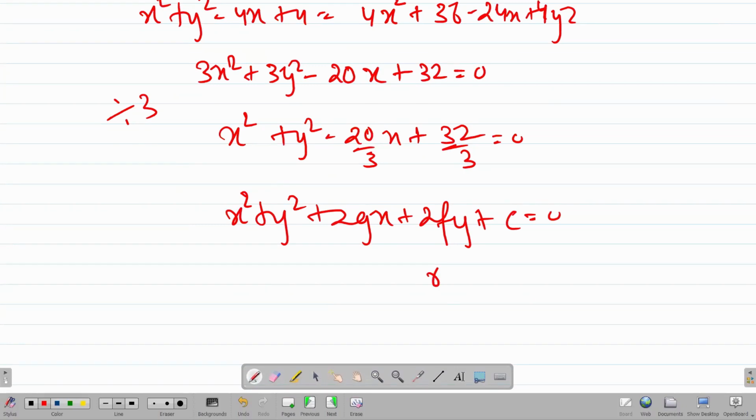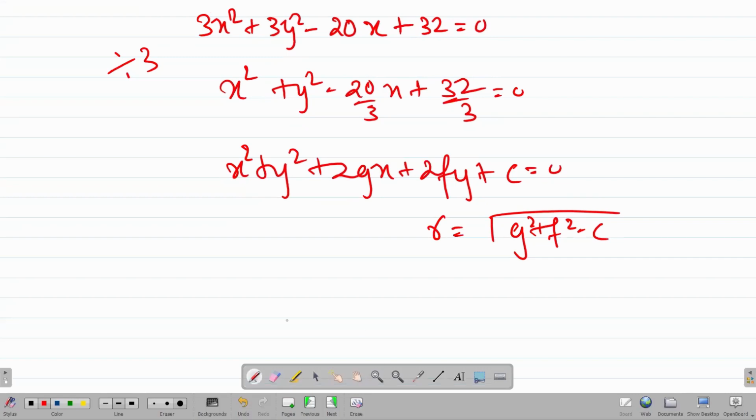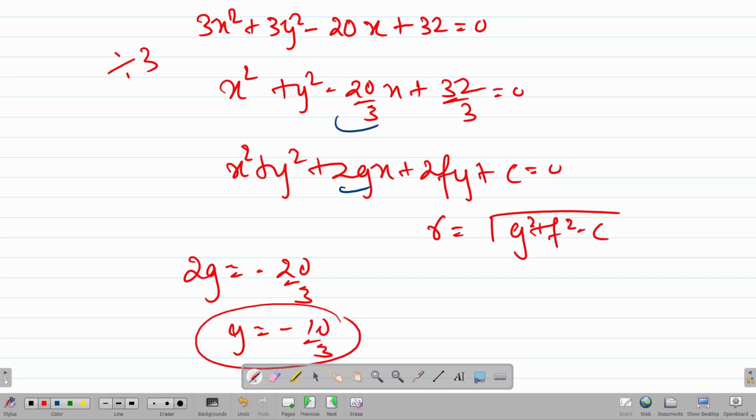From this we get the radius; the formula for radius is root of g square plus f square minus c. So on comparing the coefficients, 2g is minus 20 by 3, then g is minus 10 by 3. 2f is 0, so my f is 0, and c is 32 by 3.